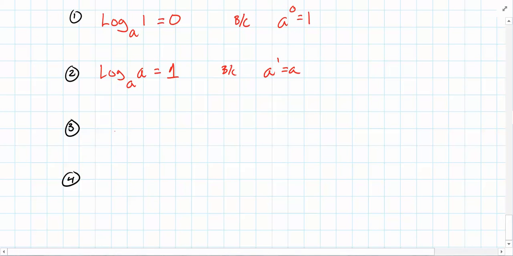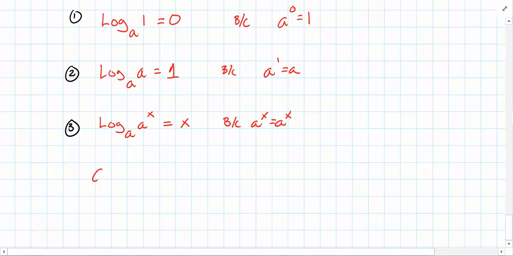Now, number 3, there are 2 parts. It says this: log base A of A to the exponent of x is equal to nothing more than x. Because we can say that A to the x gives me back A to the x. Now, there's another way we could write this.